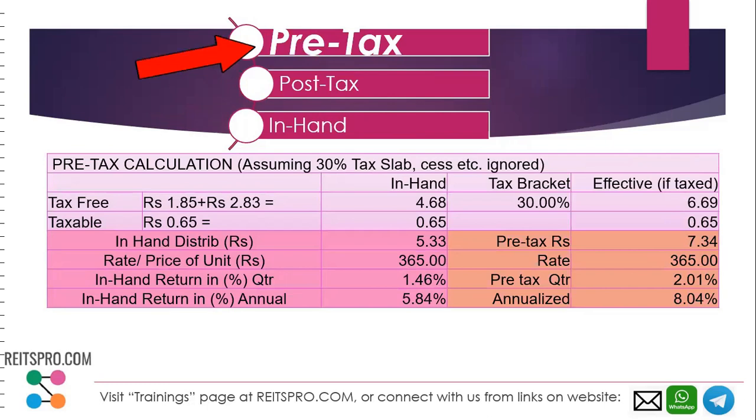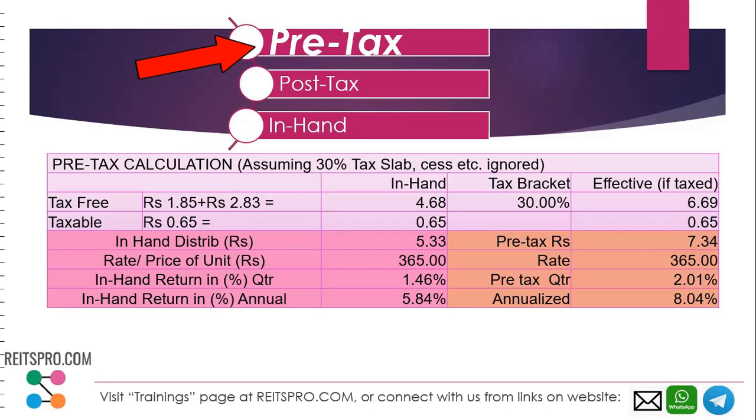Now the next part is the pre-tax calculation. These pre-tax calculations would help us compare alternatives. So what is the pre-tax here? In this case, 4.68 is tax-free. Because you're in the tax bracket of 30%, you should effectively be getting 6.69, because 6.69 into 70%, when you reduce the tax part, would give you 4.68.